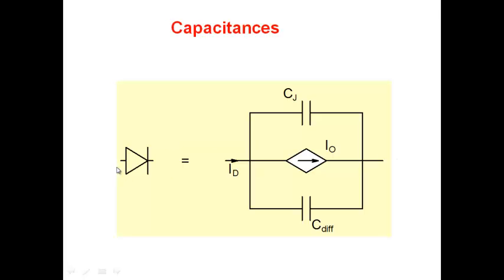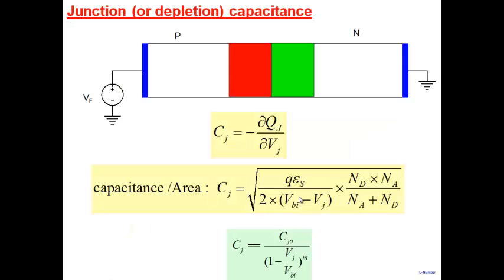And so you have to know that in a diode, there can be two capacitances. One is a junction capacitance or depletion capacitance. The other one, if it is forward biased, is diffusion capacitance. This is something that we've already seen, just to refresh your memory. Junction capacitance is what? A change in depletion charge with change in voltage gives you a junction capacitance.